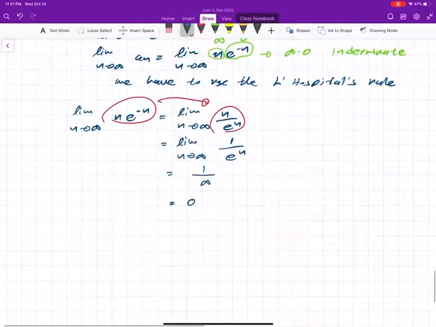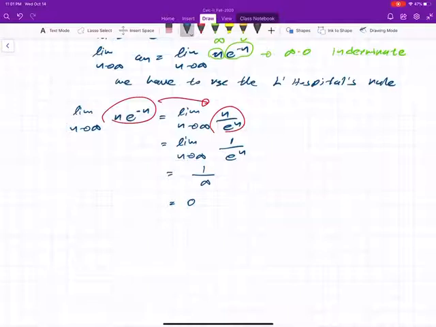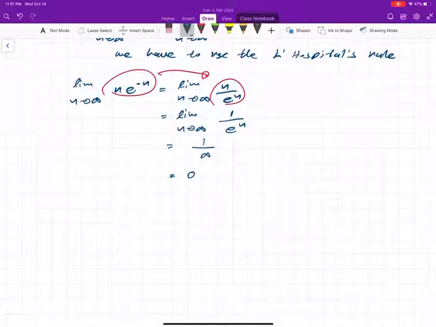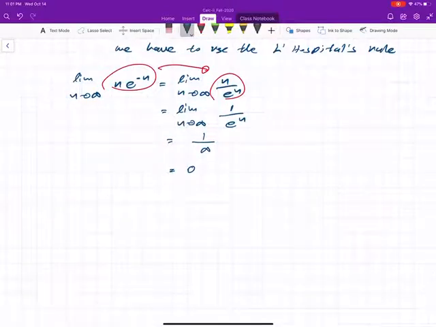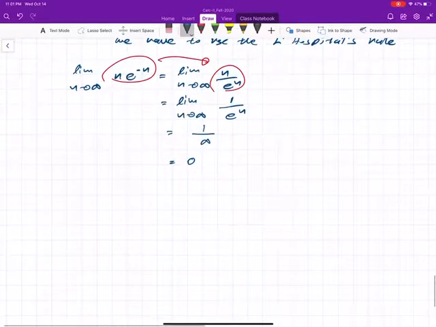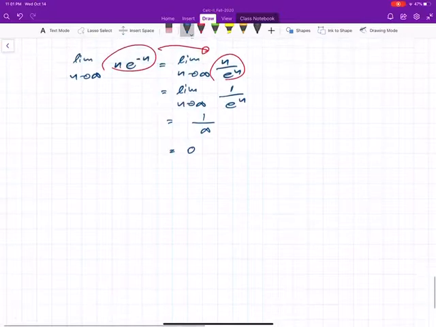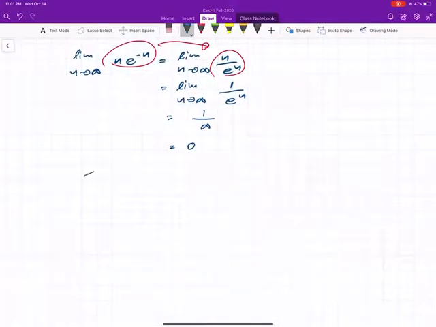So you could say the limit is 0. That means this sequence converges. I'm sorry, the sequence.